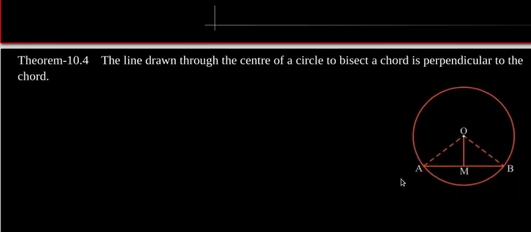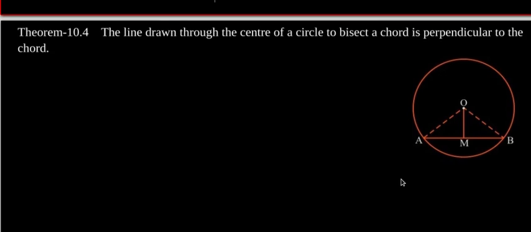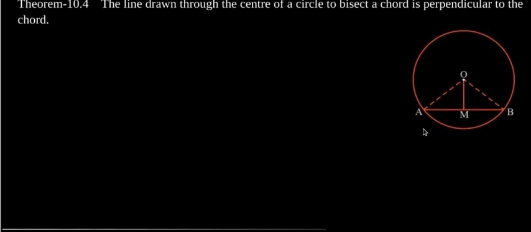Next, theorem 10.4. The line drawn through the center of the circle to bisect the chord is perpendicular to the chord. We need to prove it is perpendicular, and it is given that it is bisecting.